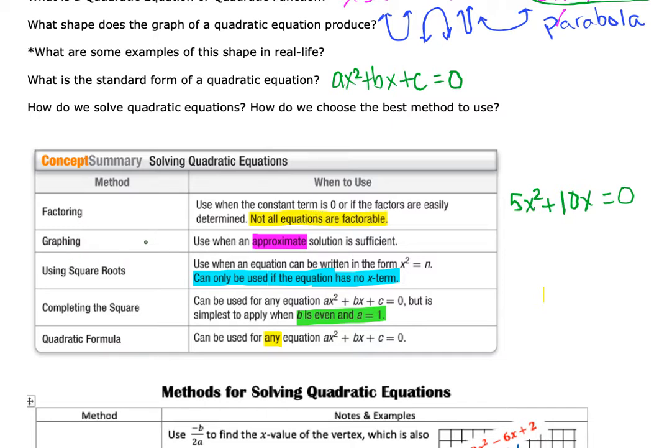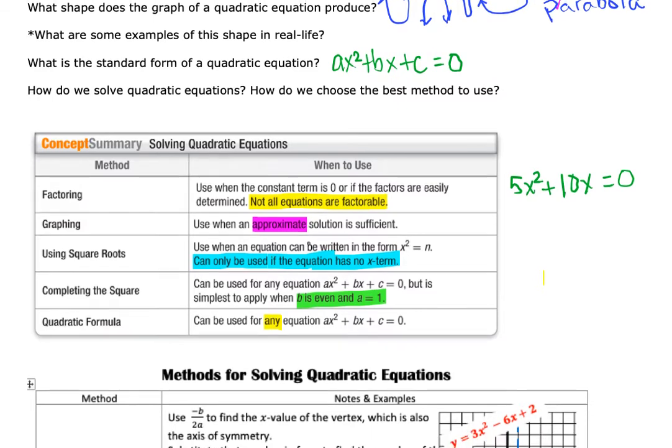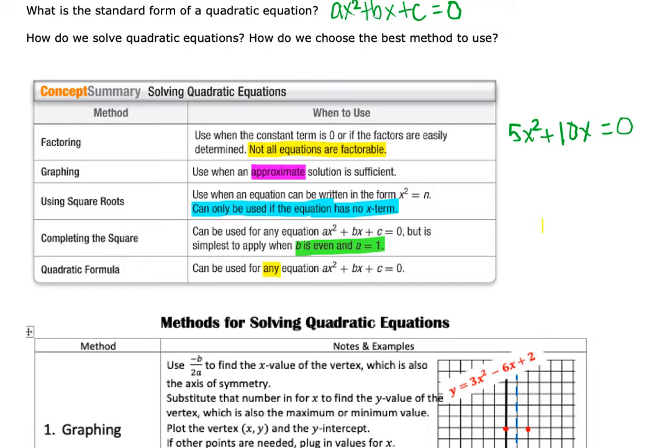So graphing is a way to find a solution, but remember that's only when an approximate solution is sufficient. You don't want to do that when you have decimals that need exact numbers. Using square roots can only be used if the equation has no x terms, so no bx.